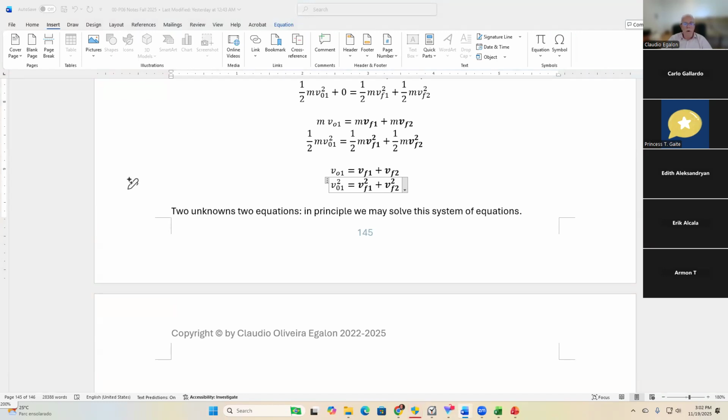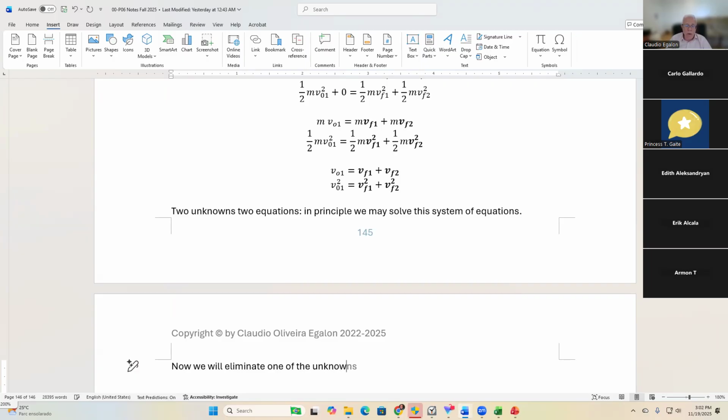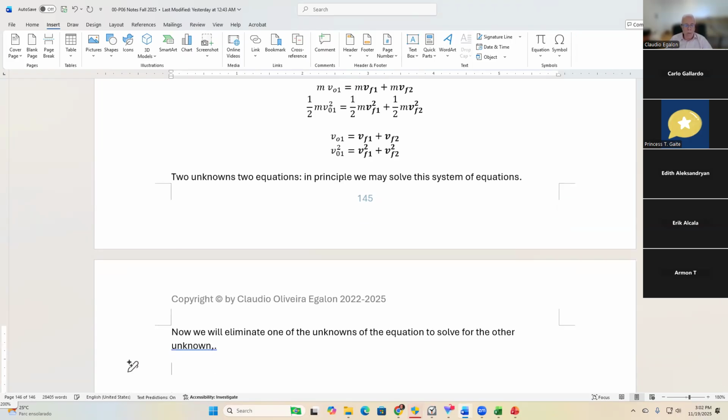And now what we are going to do is solve. Now we will eliminate one of the unknowns of the equation to solve for the other unknown. And how do we do that?